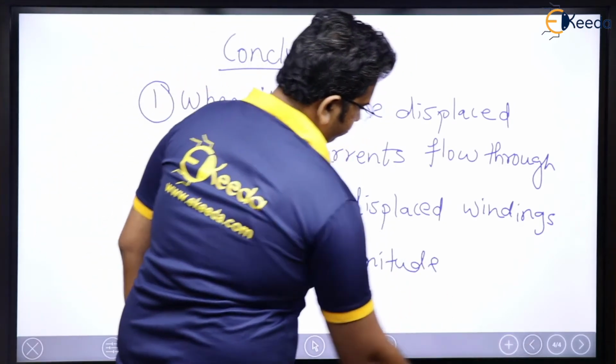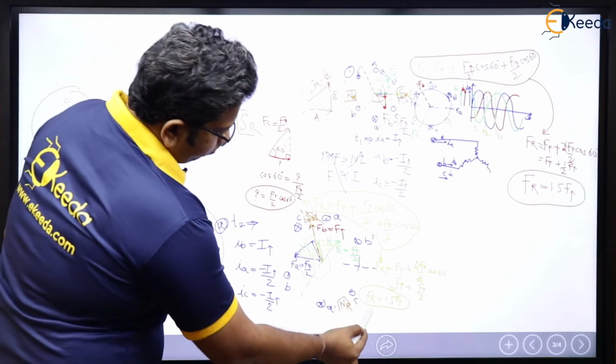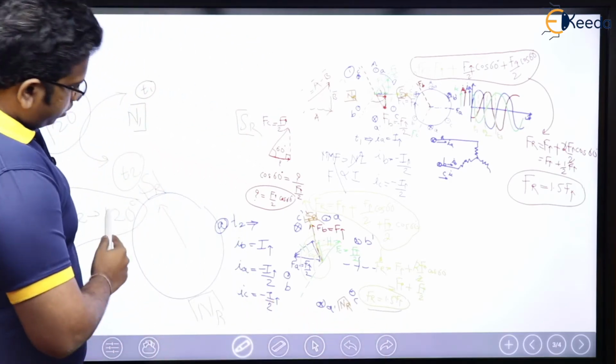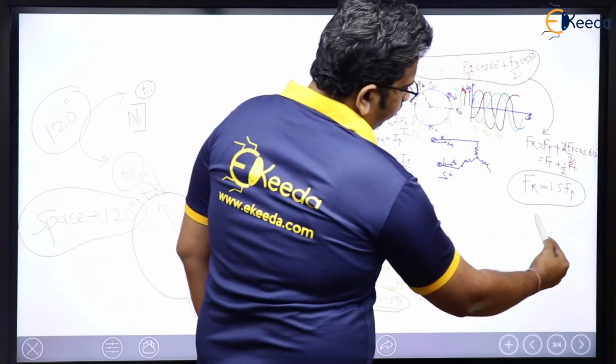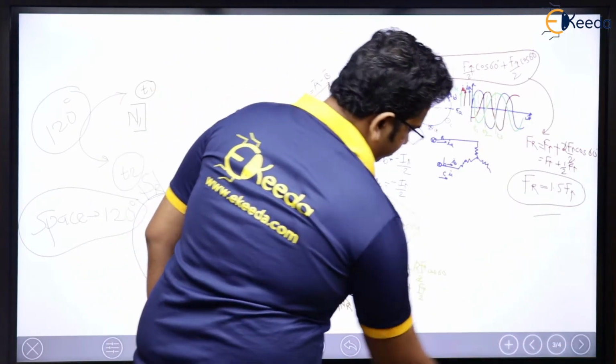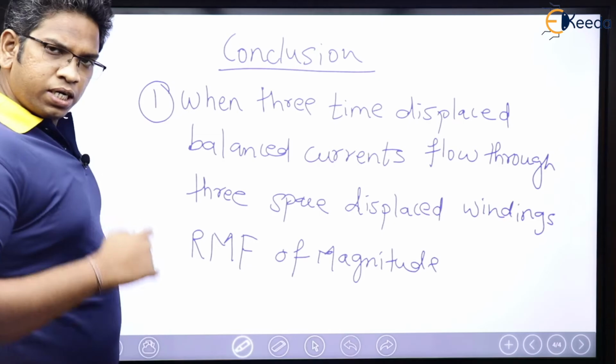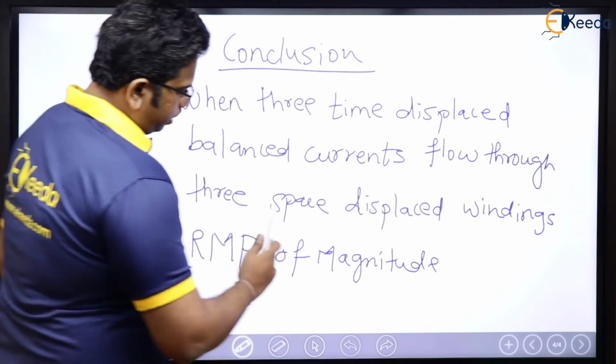See here, 1.5 times F max. Is it just the magnitude? No, constant magnitude.